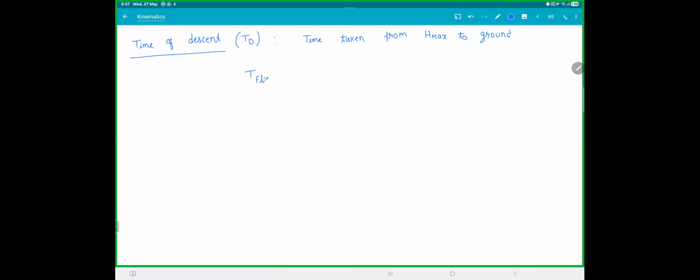So time of flight is nothing but time of ascent plus time of descent. So from here we get time of descent is u by g. Now be careful here. This is valid only again if you come back to the same level. Because if you don't come back to the same level, the time of flight formula itself is wrong. This is 2u by g, this is u by g plus time.